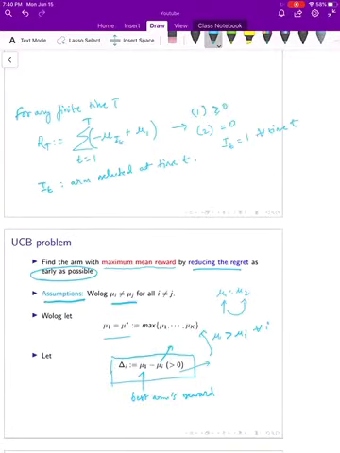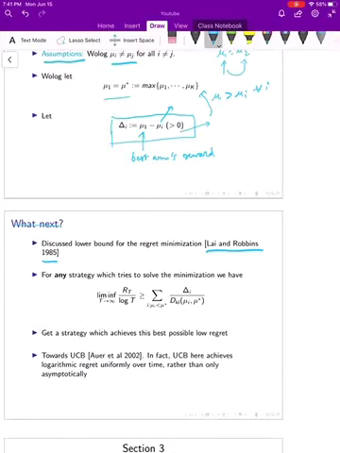The result from Lai and Robbins, which was published in 1985, says that you provide me any strategy or algorithm under the intent of minimizing the regret.